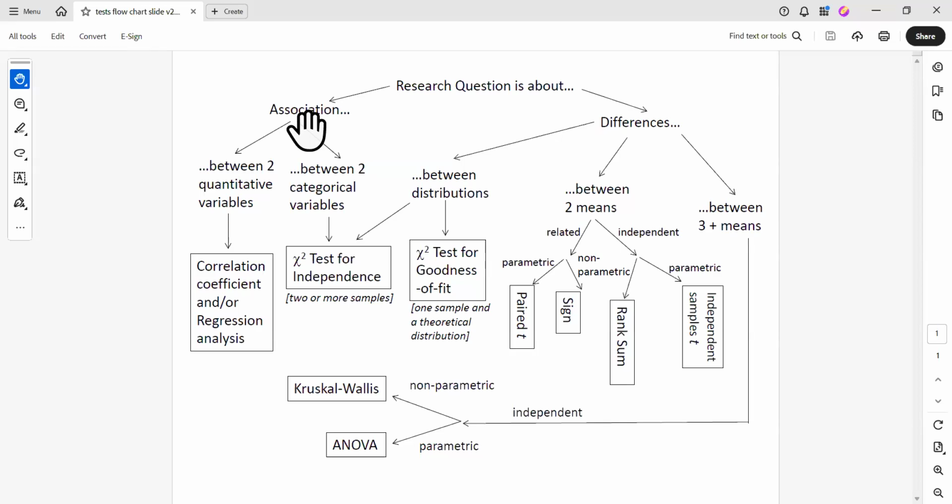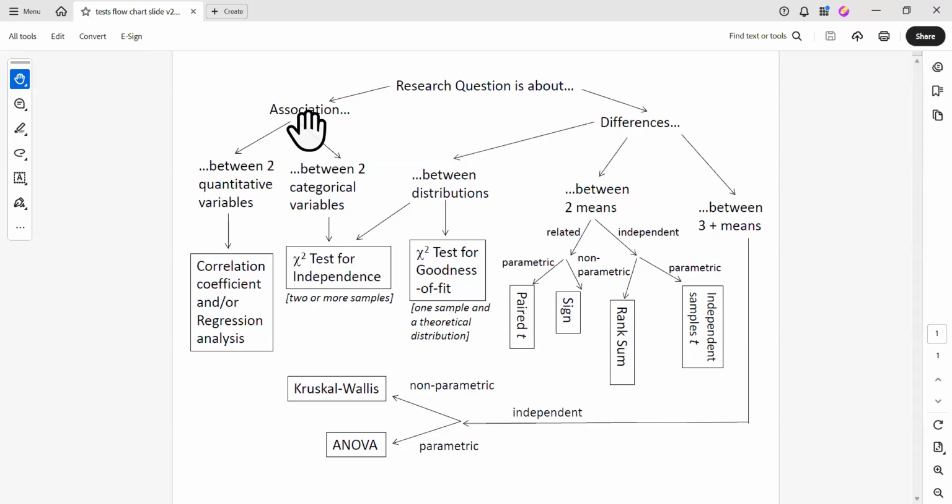All right, so differences between distributions, we have 2 arrows pointing down from there. The one to the left points to the chi-square test for independence, and the one pointing straight down is to the chi-square test for goodness of fit.